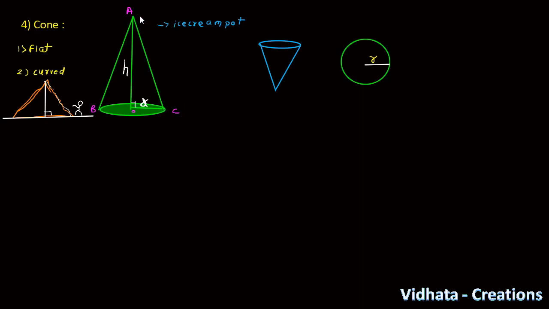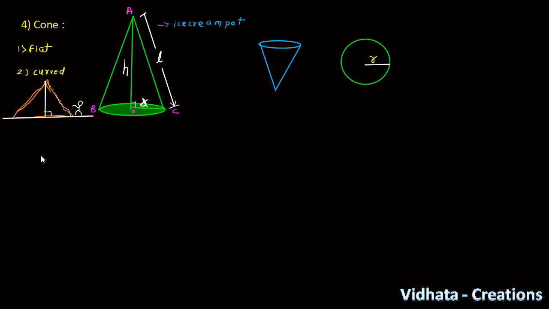Instead of calling it the actual height, we call AC the slanting height, and we denote the slanting height by the letter L.